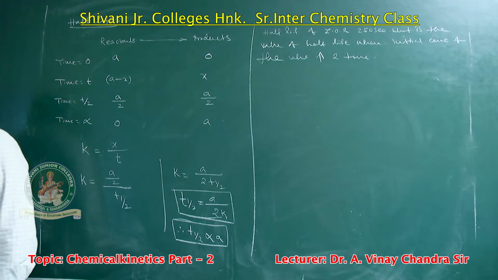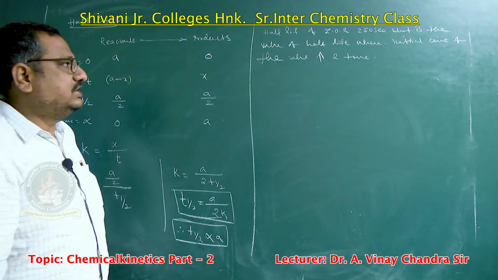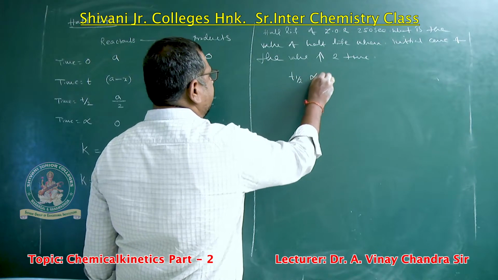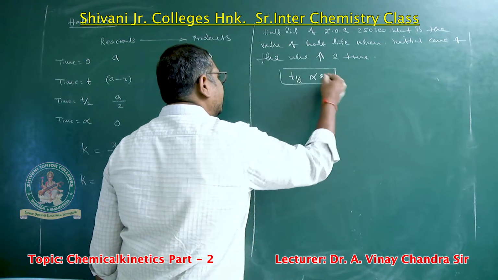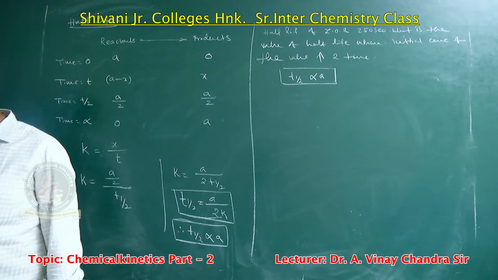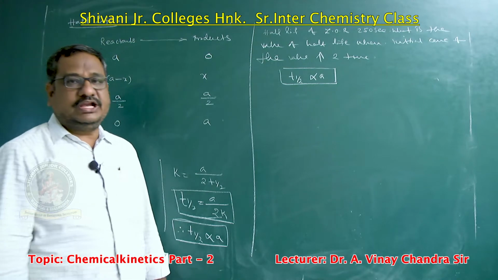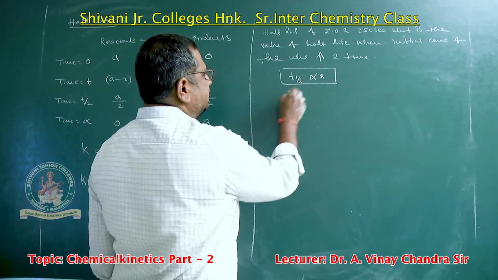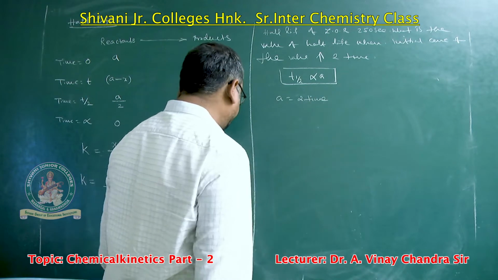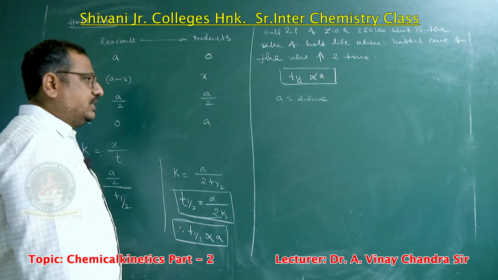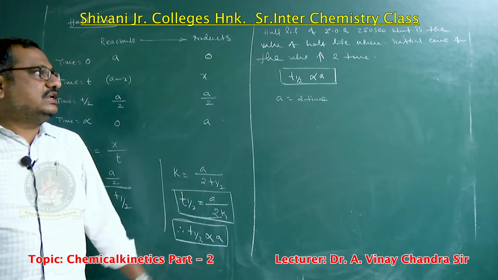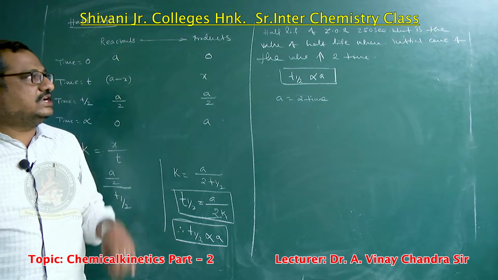Here, our condition is that T half is directly proportional to A. The initial concentration A increases 2 times. According to the equation, T half is directly proportional to A, so what is the time here?